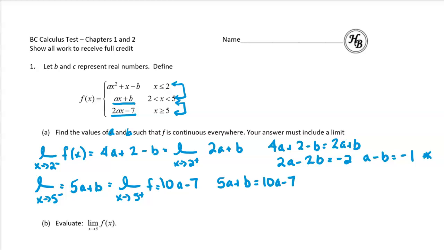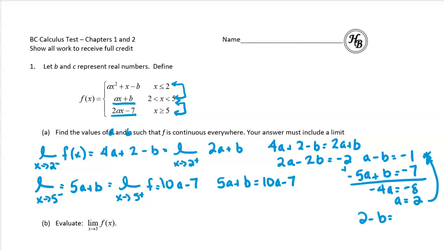So negative 10a, negative 5a plus b equals negative 7. Solve this system and add them, and we get negative 4a equals negative 8, and a equals 2. Plugging into any equation we like, I'll probably go back up into this one. 2 minus b equals negative 1, negative b equals negative 3, so b equals 3.